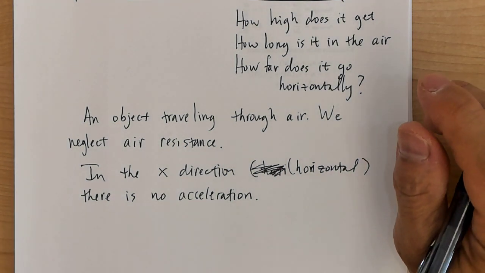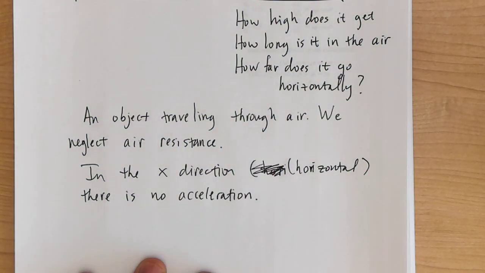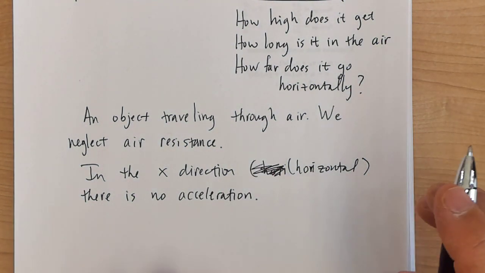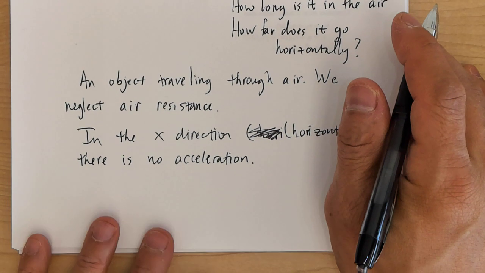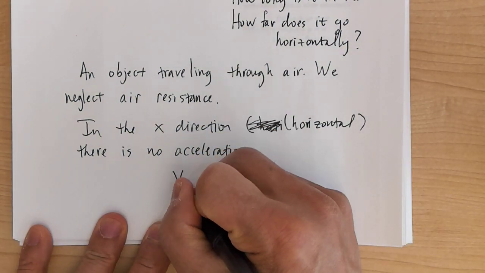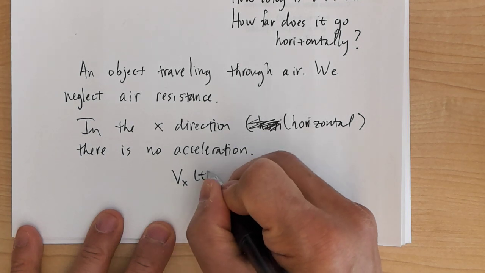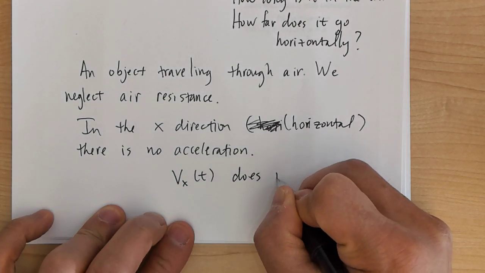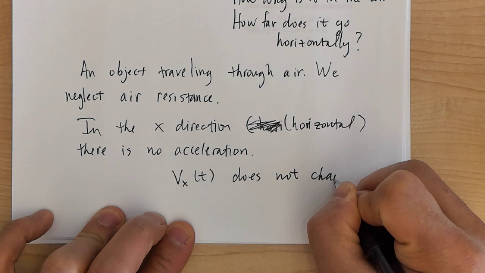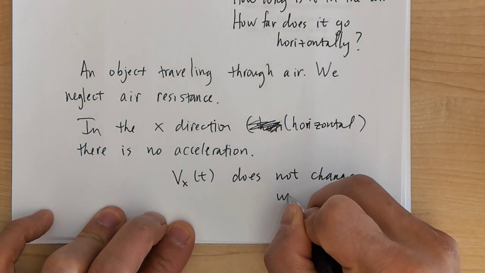There's only acceleration in the y direction due to gravity. In the x direction, it's just simple constant velocity. So vx of t does not change with time.